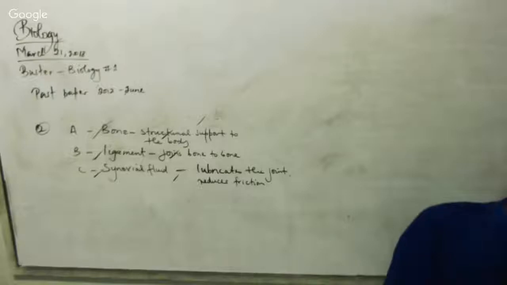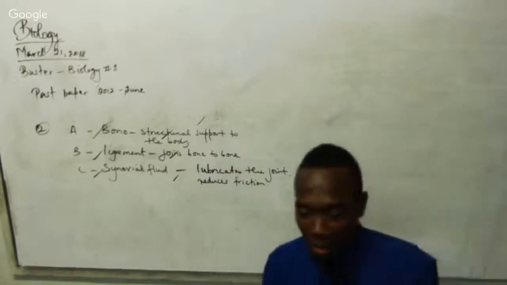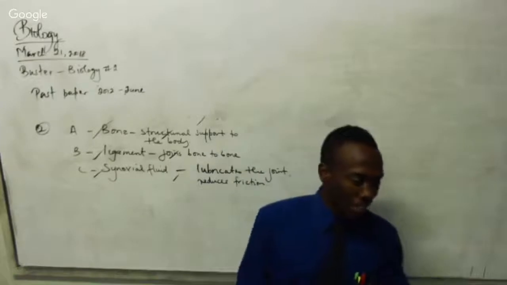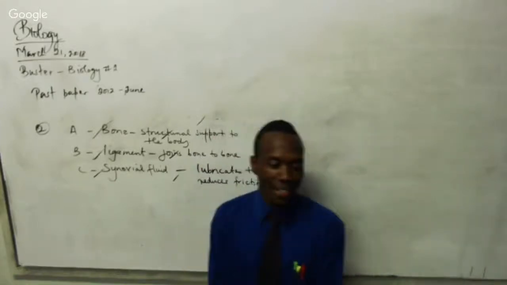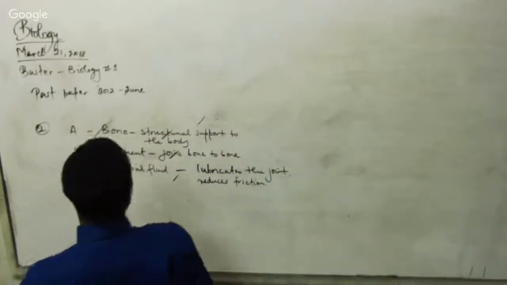Use a line and a letter D to show the cartilage. Remember that we showed the cartilage earlier? It would be obvious to get it wrong, because cartilage is at the end of the bone.